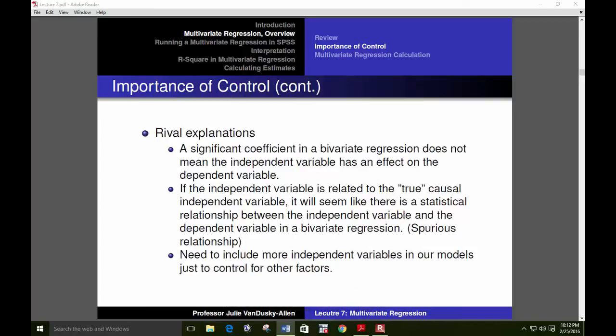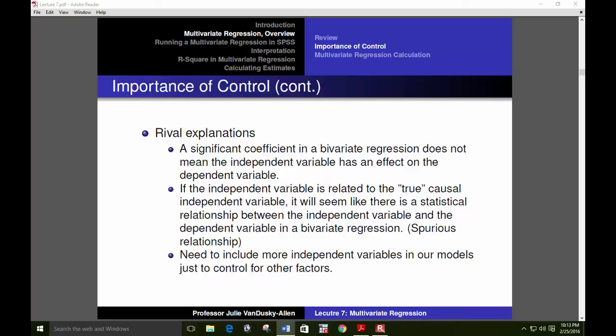Last, we also run multivariate regression because a significant coefficient in a bivariate regression does not mean the independent variable has an effect on the dependent variable. If the independent variable is related to the true causal independent variable, it will seem like there is a statistical relationship between the independent and dependent variable in a bivariate regression. However, the independent variable really doesn't have an effect on the dependent variable.